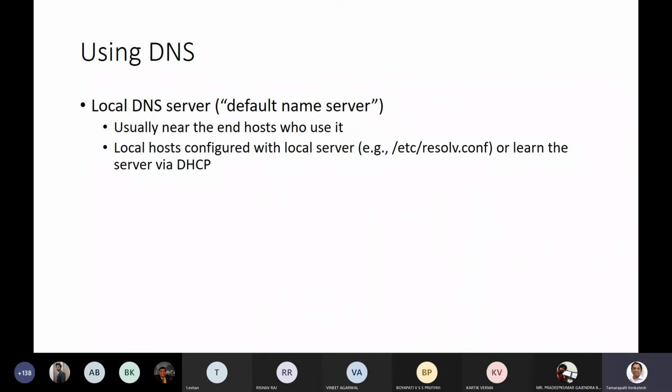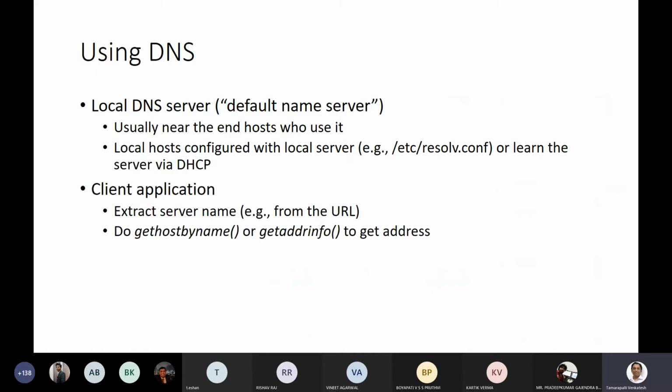This is also called the default name server, and it is usually near the end host which uses it. It can be configured either manually or via DHCP, and on Linux machines it is typically stored in a file called resolv.conf under /etc. Then there is the client application doing the resolution.